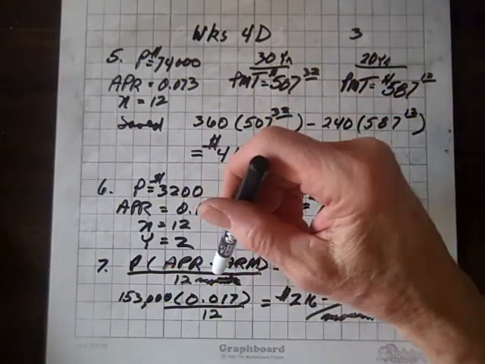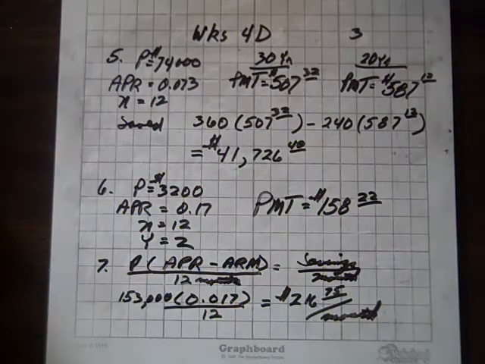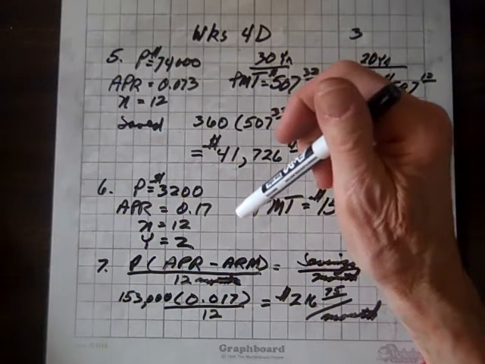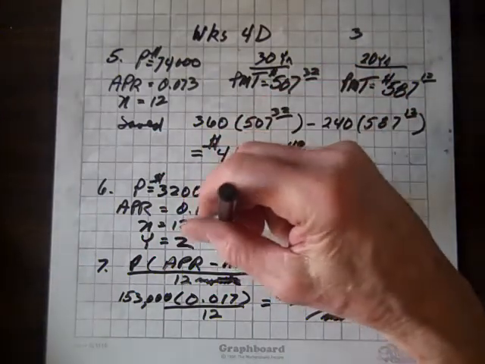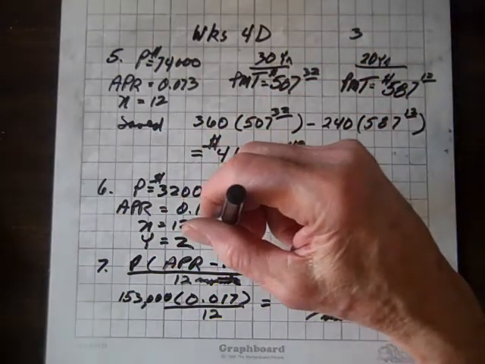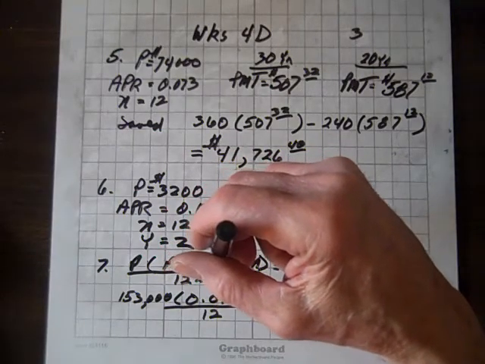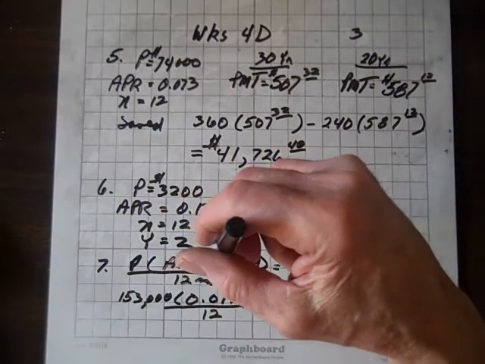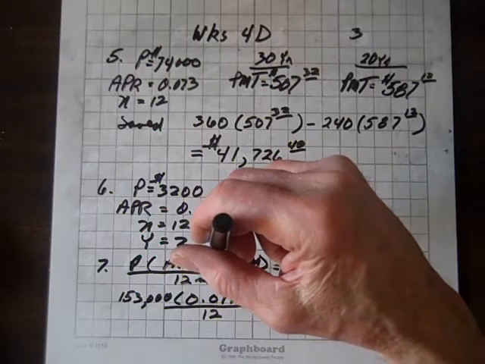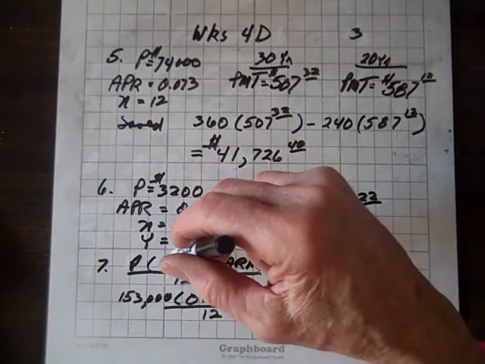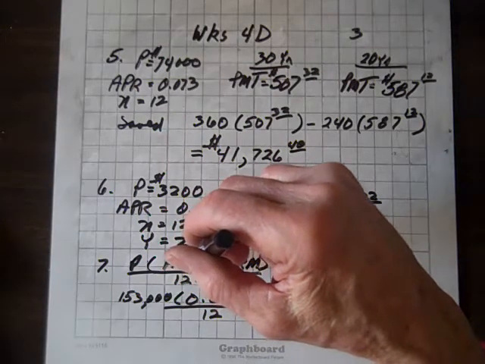And for number 7, we want to find out how much we would save a month if we took the lower of the two interest rates. And we're talking about an adjustable rate, an ARM, as it's called, and an applied or annual percentage rate.